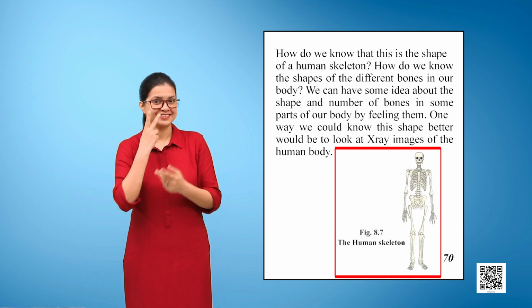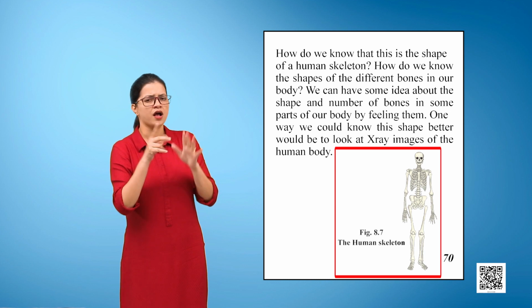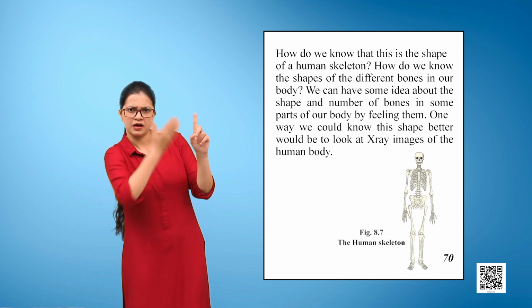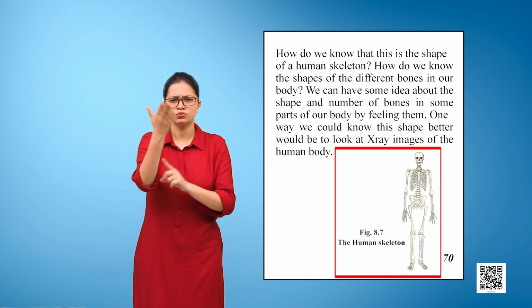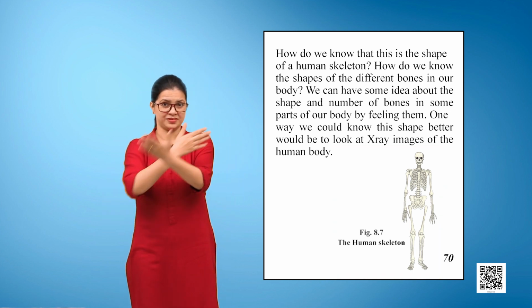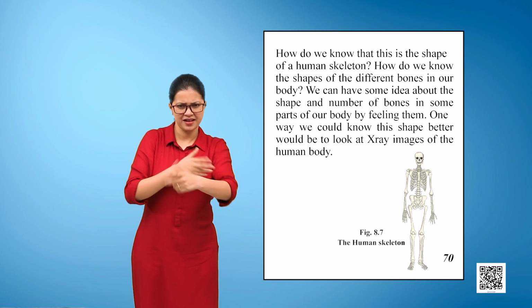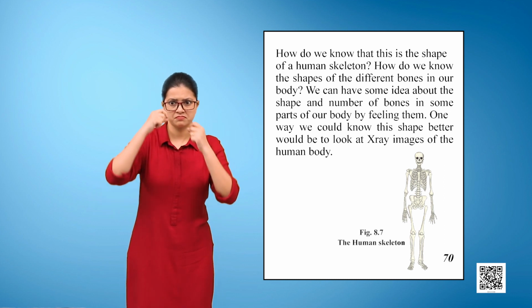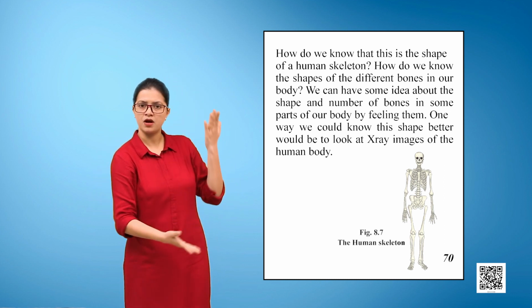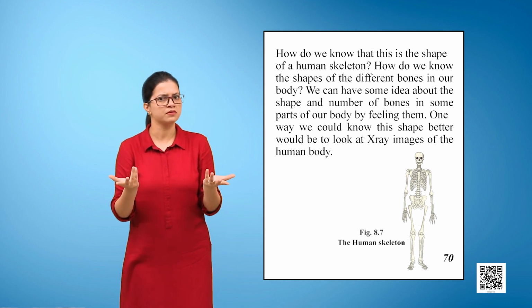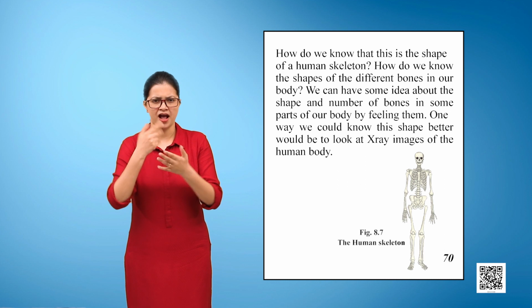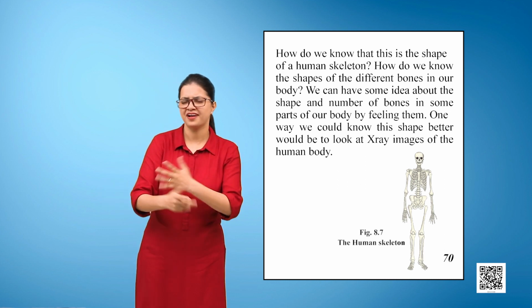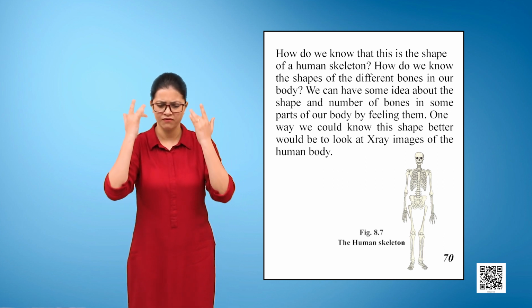How do we know that this is the shape of a human skeleton? How do we know the shapes of the different bones in our body? We can have some idea about the shape and number of bones in some parts of our body by feeling them.